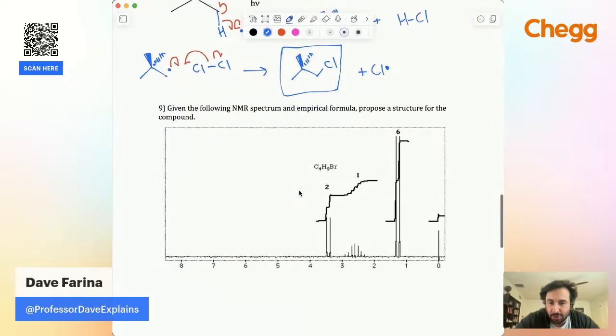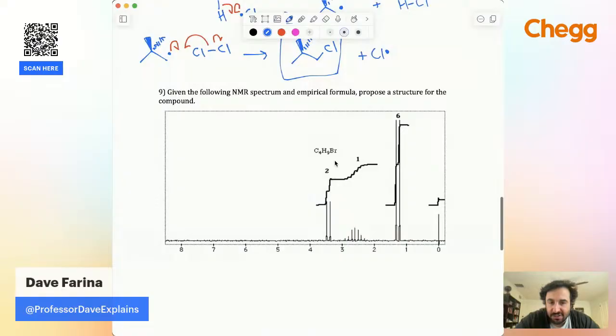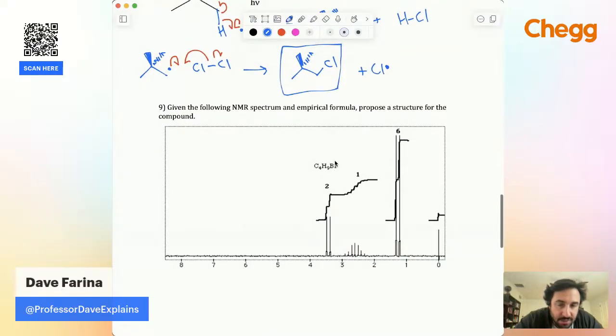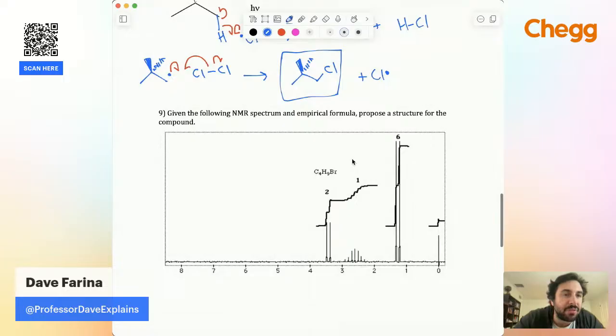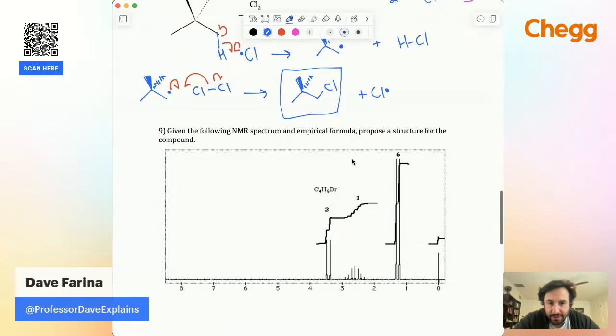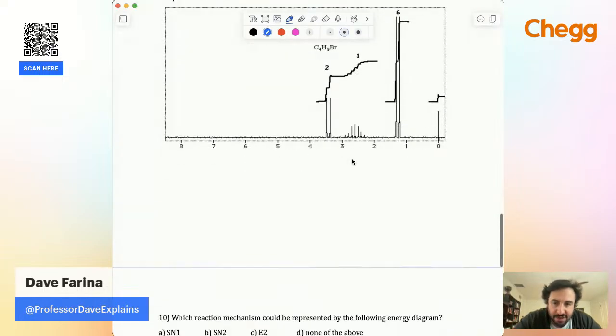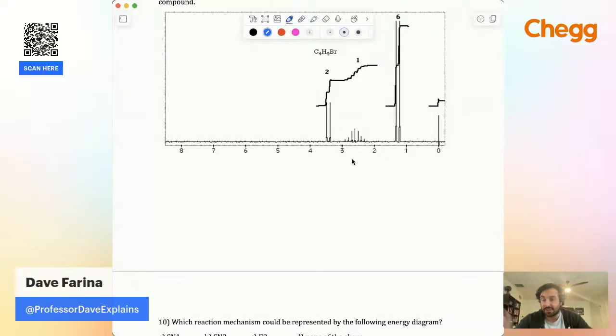I'm reticent to move on to this NMR one because it's going to take more than 4 minutes. So I don't really want to start it because I won't be able to finish it. Tell you what, earlier someone asked for an EAS reaction, so let's just do one of those. I'll make it up.